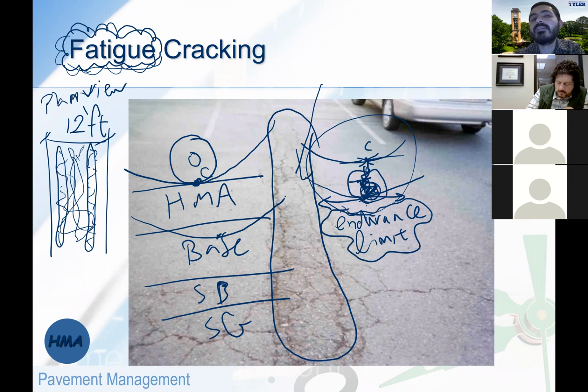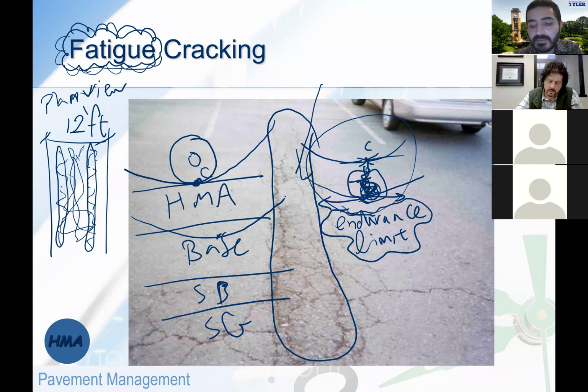The endurance limit is the tensile strain value. You're going to improve the tensile strain or tensile strength of the hot mix asphalt, so that the crack will not even initiate at the bottom of the hot mix asphalt layer.